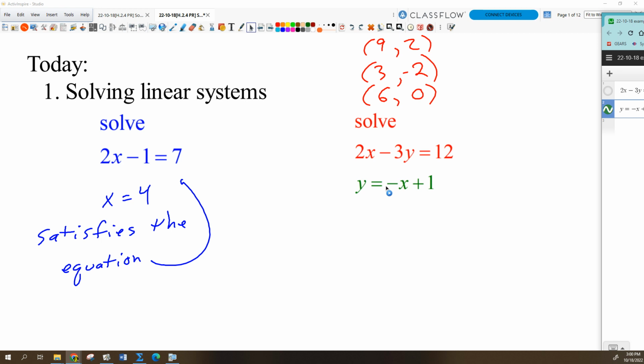If I'm trying to solve a system, I have to find values of x and y that do what? That make the red equation true and the green equation true. Well, let's look at that graph.